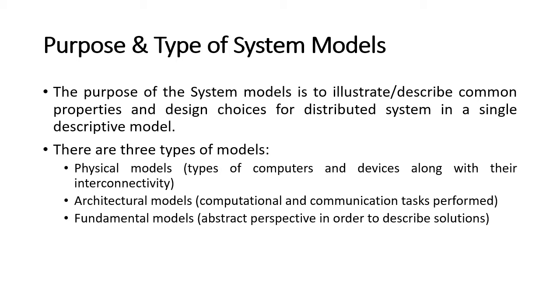Architectural models specify how the computation and communication tasks are performed, so they deal with the logical aspect of the system models. And third is the fundamental model, which presents an abstraction in order to describe the solution. We will talk about each model in detail in the coming slides.